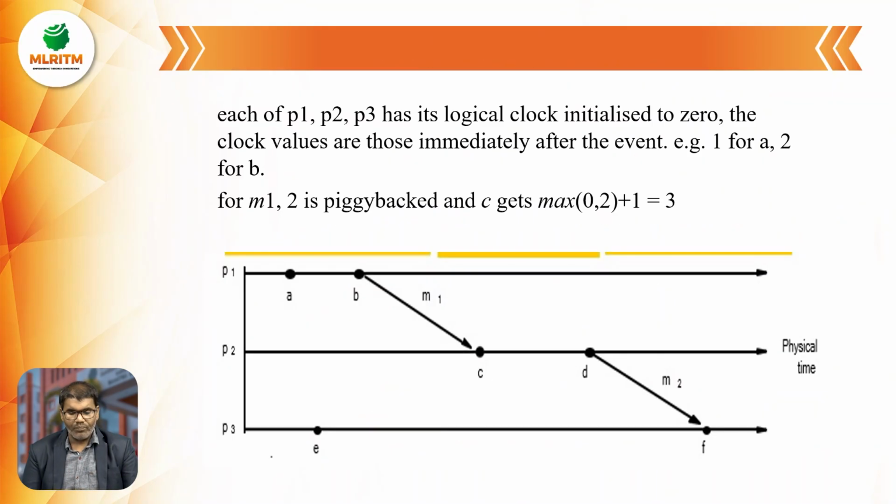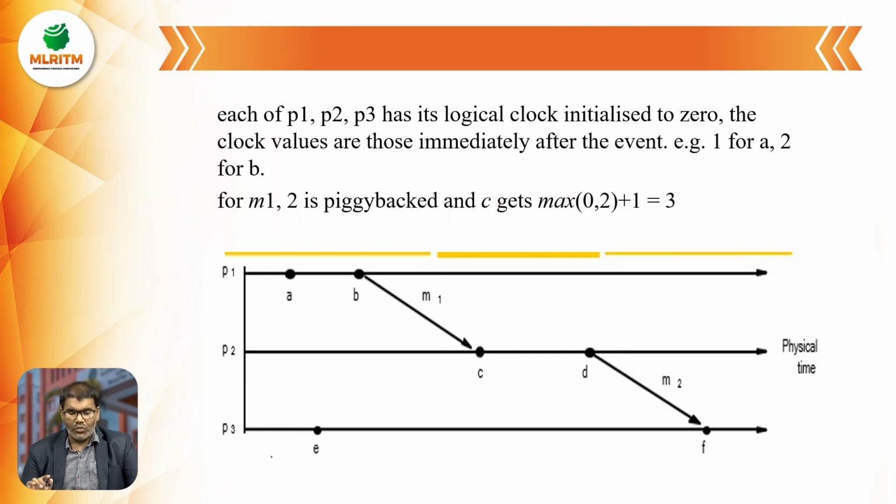For example, here we have three processes, process 1, process 2, process 3, each with its logical clock initialized to 0. The clock values are taken immediately after the event happens. For example, 1 for A, next 2 for B, and so on.